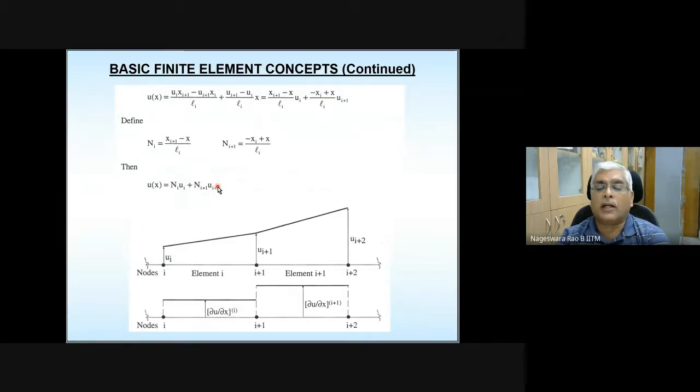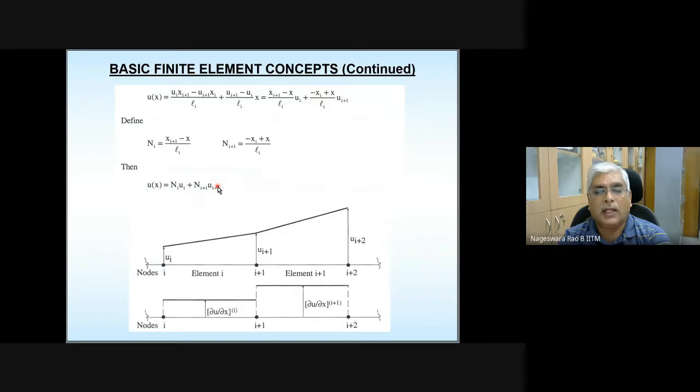Wherever a0, a1 are there, they are replaced with ui and ui plus 1. ui is nothing but the solution value at the ith node, and ui plus 1 is the solution value at the (i plus 1)th node. a0, a1 are mathematical coefficients with no physical meaning, but their replacements ui and ui plus 1 have physical meaning.